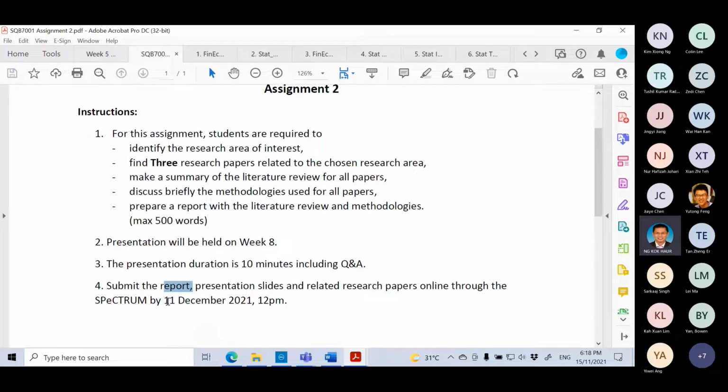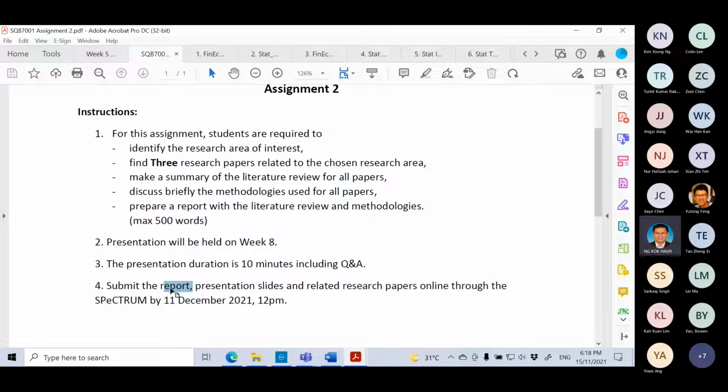If you cannot submit the slides on time, it doesn't matter. But the report and the related research paper, you need to submit before that. For the presentation slides, if you wish to change them, you don't need to upload by the 11th. You can upload after your presentation, that is fine.